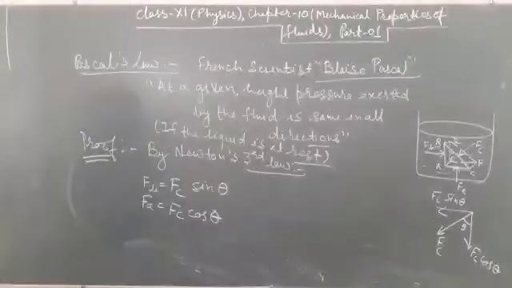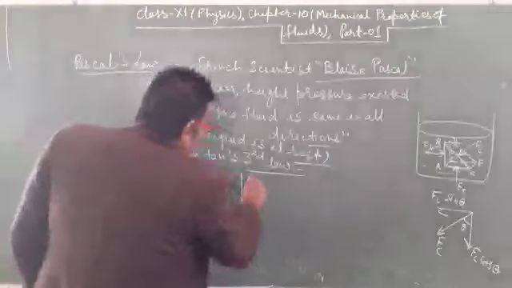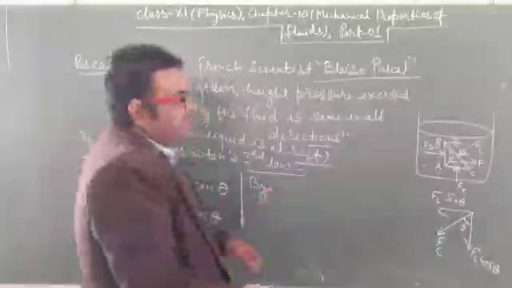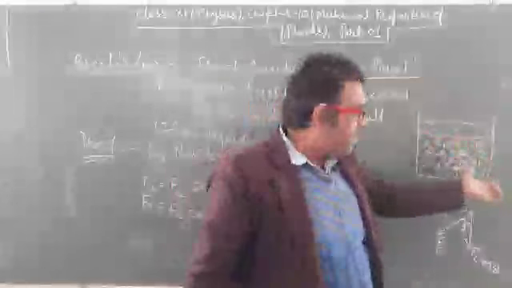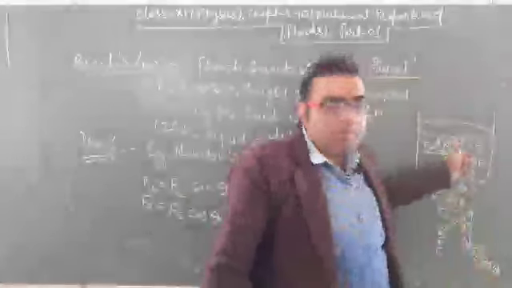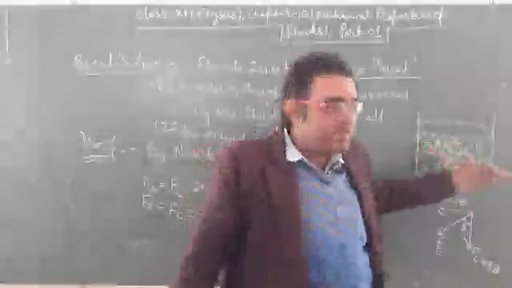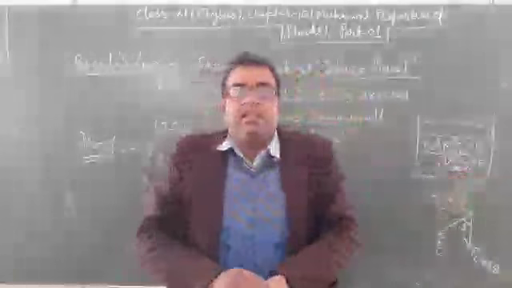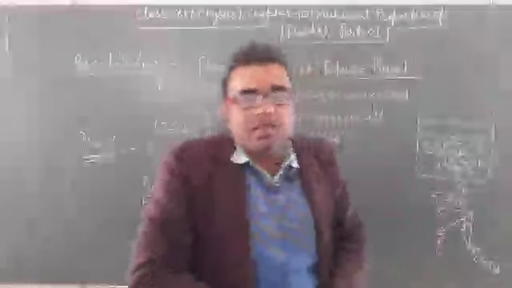Similarly by geometry, because area is also a vector, we consider the area vector normal to the surface. If there is any surface, then the area vector is normal to the surface.